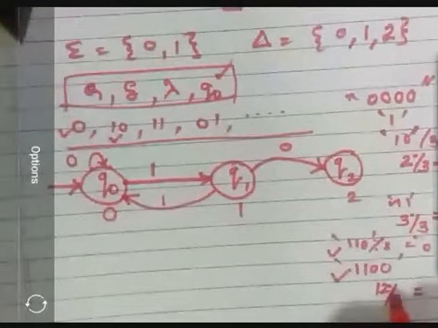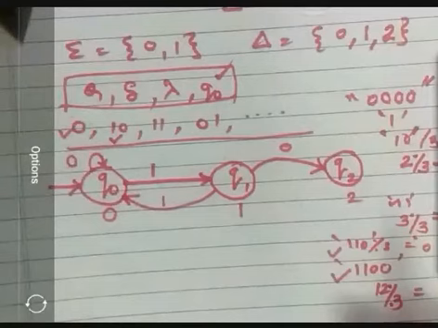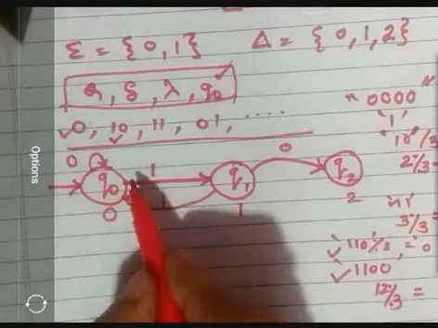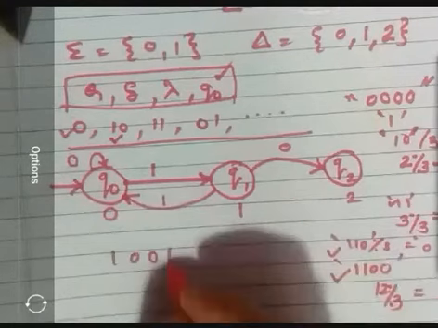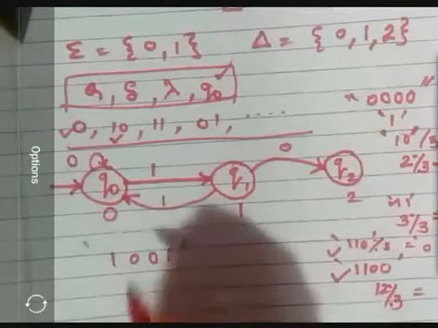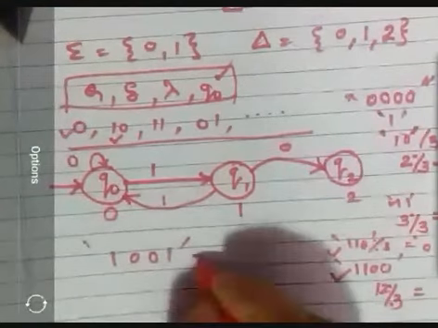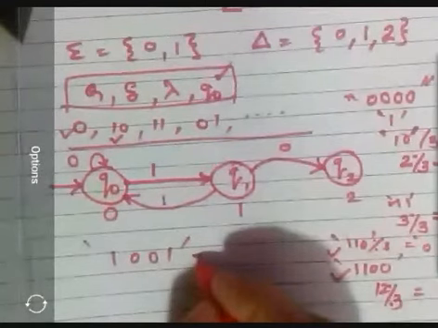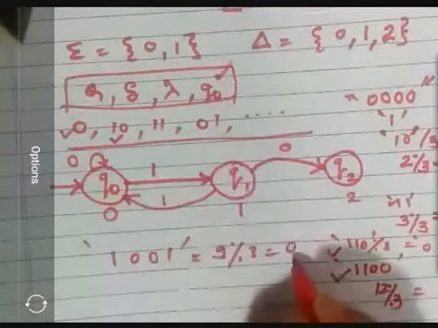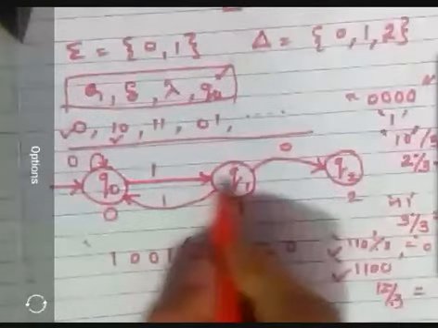Now next is, if I am having which number? 1, 0, 0, 1. For example, 1, 0, 0, 1. What is it? 8 plus 1, 9. Right? 9 divided by 3. So this will give modulo me 0. So 1, 0. Now I want to come back to this. I am finding 1 here.